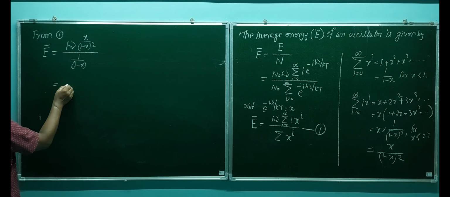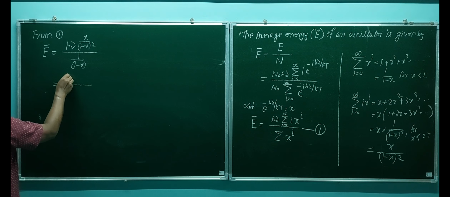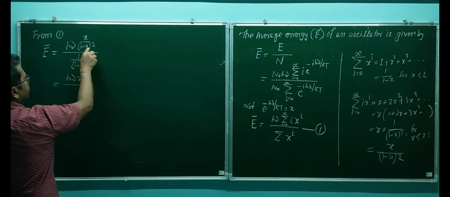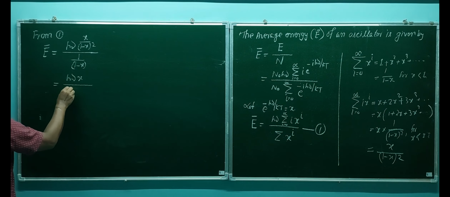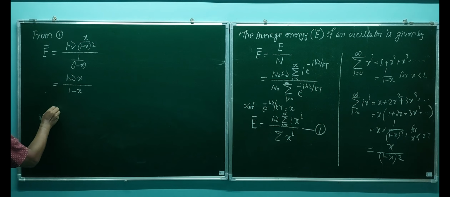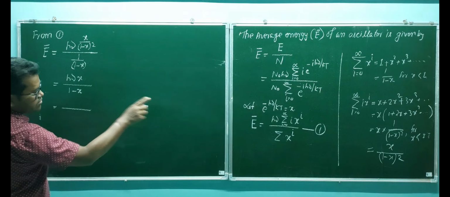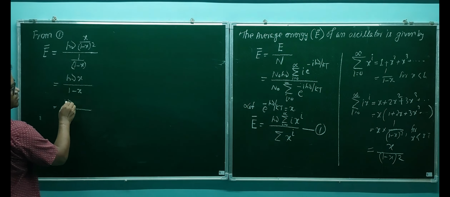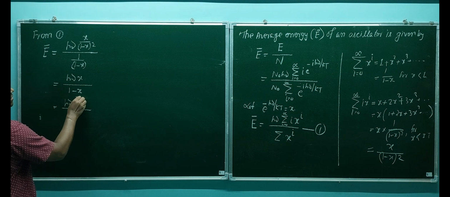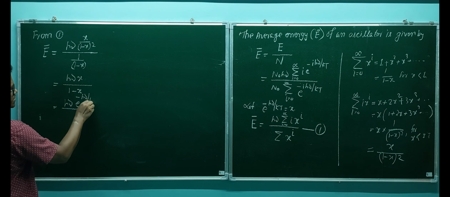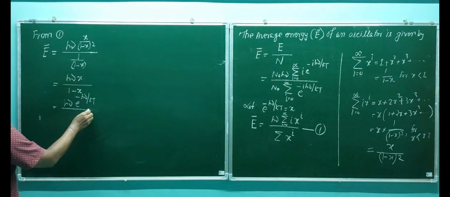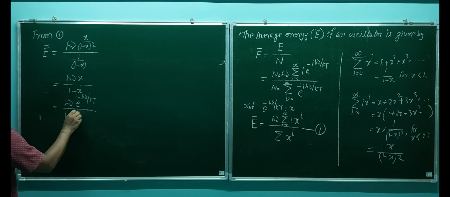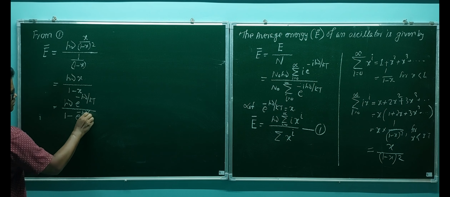So on simplification it becomes h nu x, one x cancels, and below is 1 minus x. Now put the values of x. We know x is e to the power minus h nu by kt, so this is h nu e to the power minus h nu by kt over 1 minus e to the power minus h nu by kt.